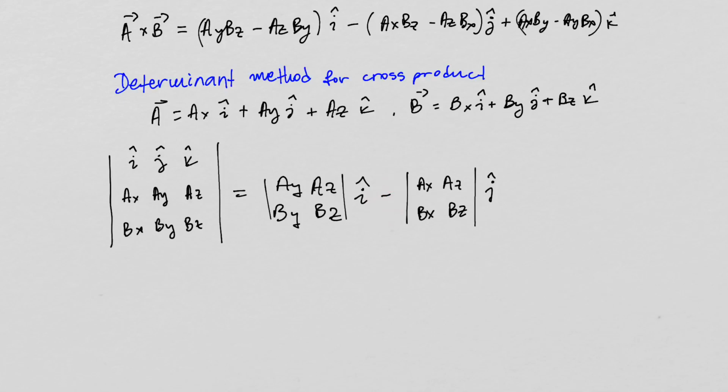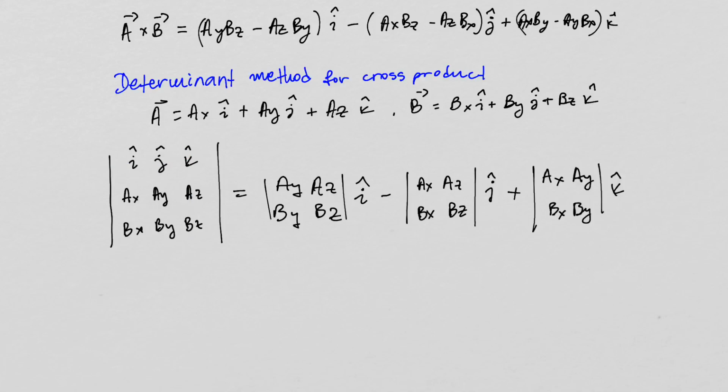The last term comes in with a plus sign, and I'm going to achieve that by crossing k hat in the first row. So what's left is this block here, which has elements ax, ay, and bx, by. So that's going to be my 2 by 2 determinant multiplied by k hat. That will be my third term.